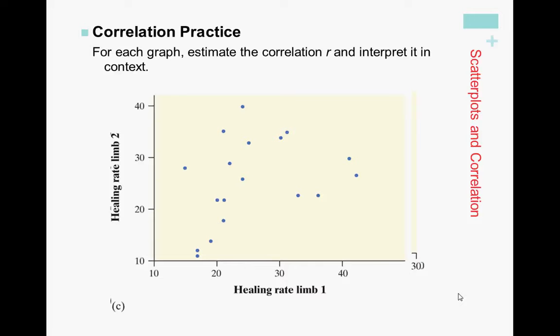It's almost no correlation at all. I think maybe 0.1, I'd understand if you put 0 on this one. I'd say there's pretty much no clear relationship between the healing rate of limb 1 and limb 2. Perhaps a very slight positive relationship. As the healing rate for limb 1 increases, the healing rate for limb 2 also increases. But mostly no relationship at all.